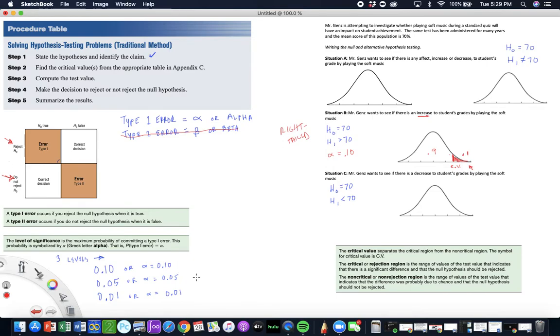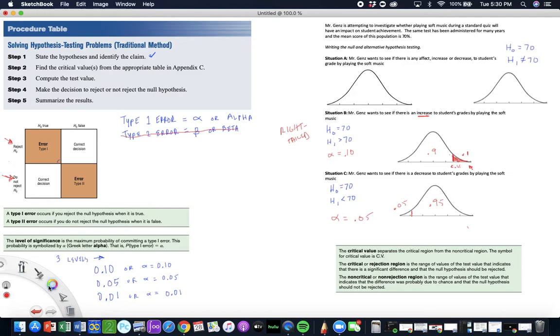All right, let me put it again. Let's flip it to the other side now, and hopefully you're kind of catching on here. Let's say I'm seeing that playing soft music has a negative effect on student grades, meaning I probably shouldn't do it. I'll do this one with a level of significance of 0.05. So this is 0.05, and that would make this 0.95.